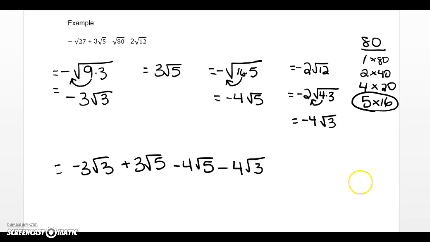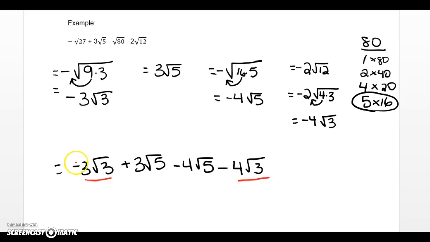So now that we're in simplest terms, we can look at finding like terms. Here you might want to start with the first number. So we have 3 square root of 3. You want to find a number that has the same index and the same radicand. So you want to look for something that has the square root of 3, which is our last term here.